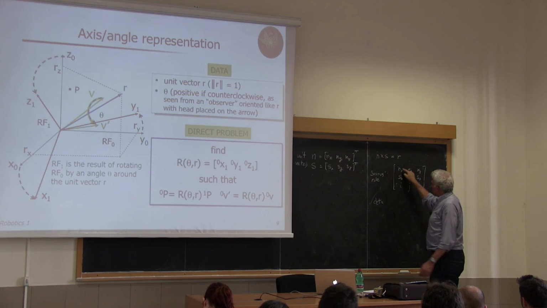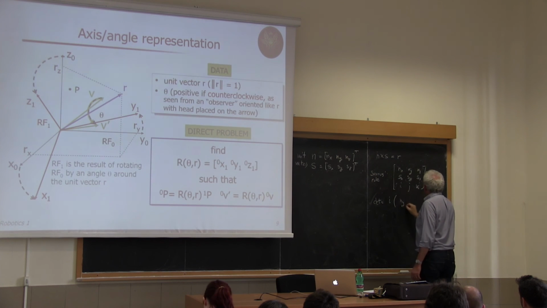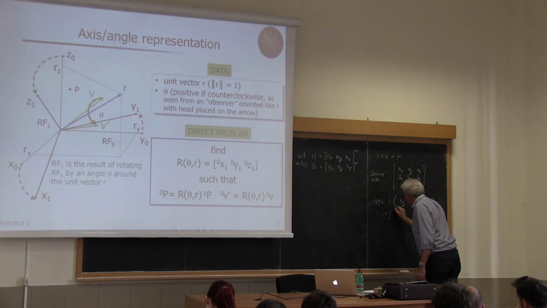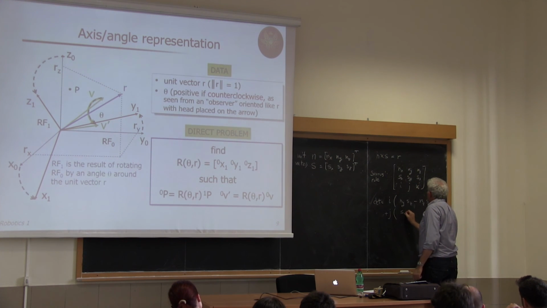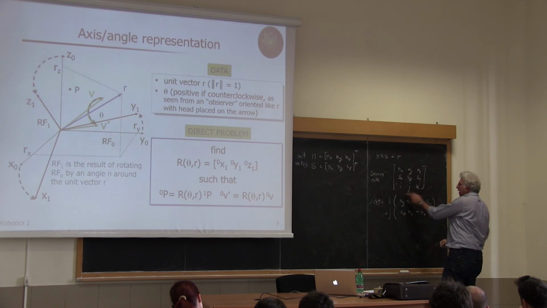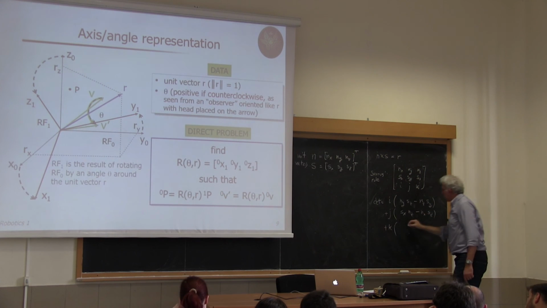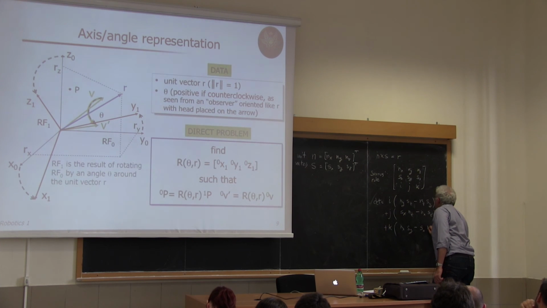So you will have plus minus plus, so i times this block, so it's ny sz minus nz sy, and then plus minus plus, so I put a minus j, but I remember that I have to reverse things in this determinant, so I will make this product first, sx nz minus nx sz, and then again plus without changes k, and this minor here, nx sy minus sx ny.